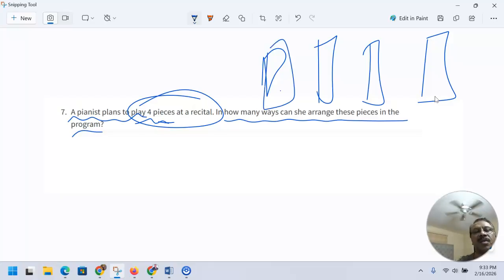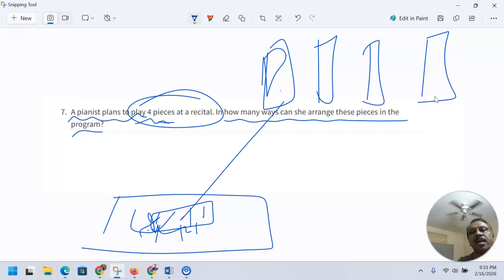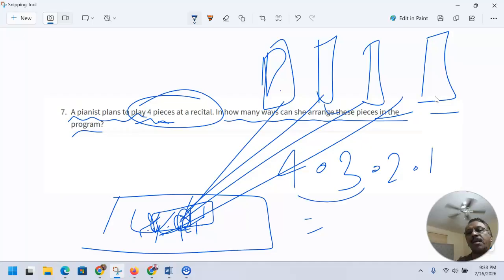When she goes on the stage to play the piano, the first one could be any of the four, right? And once she's done with the first, then she wants to play the second one. That could be any of the remaining three. And it's the same story which we've been doing, 12 times, we get 24.